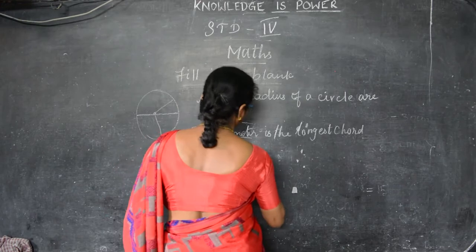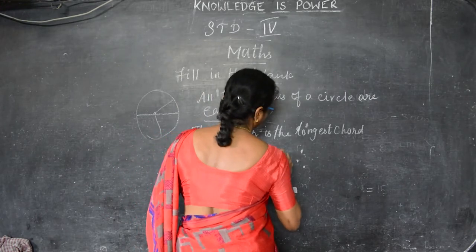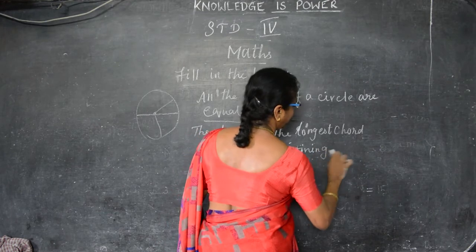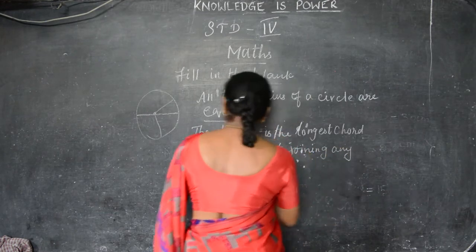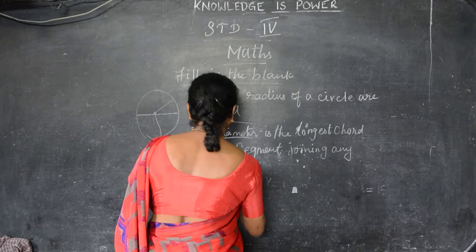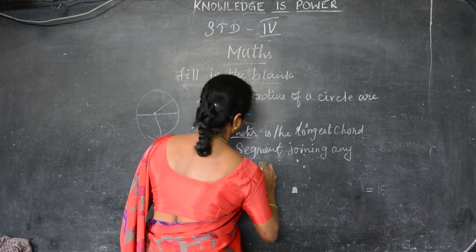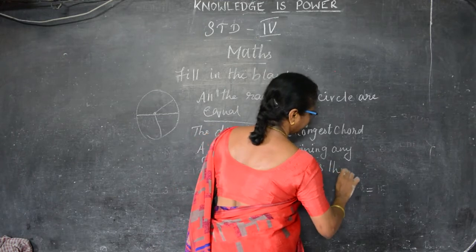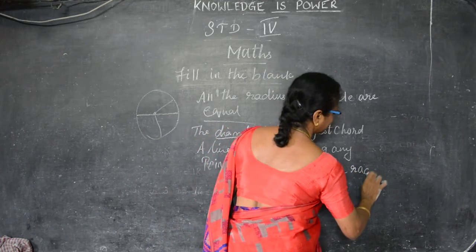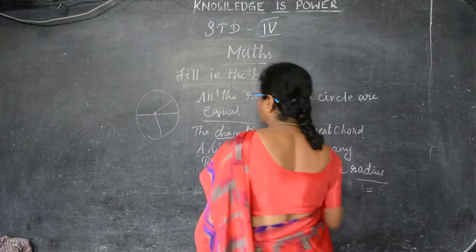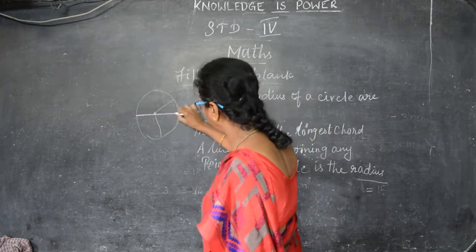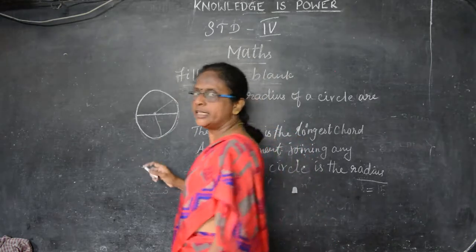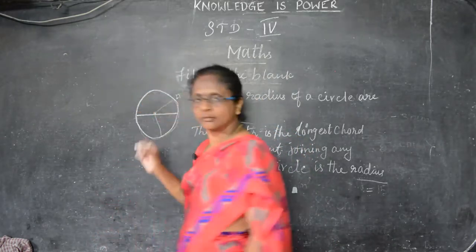Line segment joining any points of a circle is the radius of the circle. So the line joining any points is the radius of the circle.